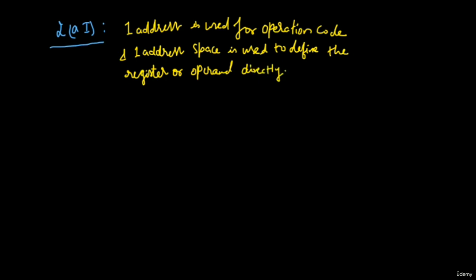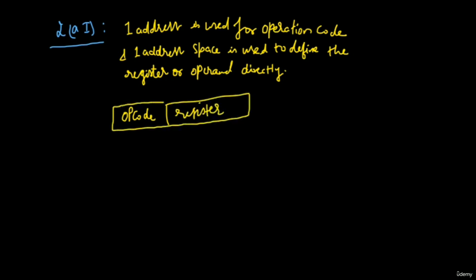So that's all. As you know, it's a code and a register. That's what we are talking about. This is the two address instruction.